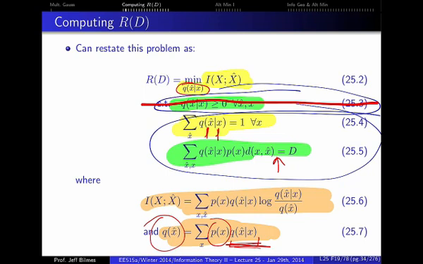It would mean that those constraints are never active, and they weren't necessary. They wouldn't have changed the solution. Because if the minimum without this constraint, 25.3, results in a conditional probability distribution which is non-negative, it's still going to be a probability distribution because the equality constraint still sums to 1.